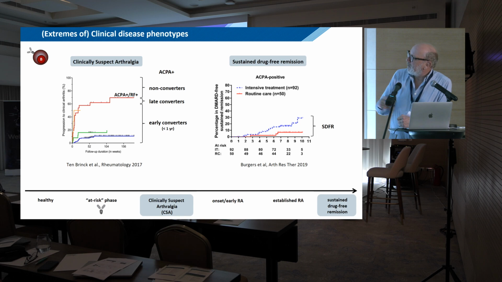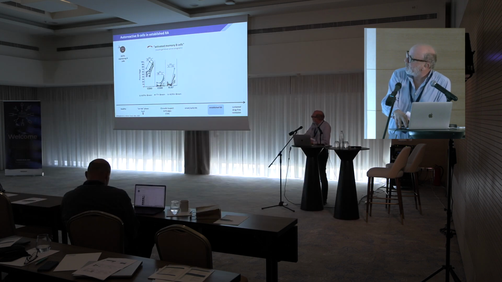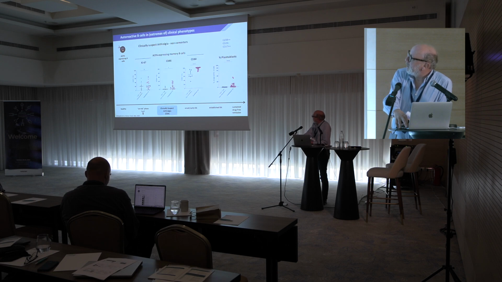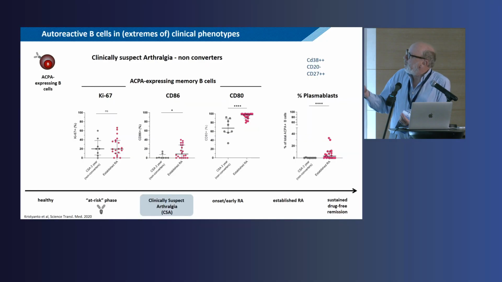These are patients who are in sustained drug-free remission over time. If you look at this kind of patients and at their B cells, you can see if there's something special with the B cells. And that is the case. Maybe the best way to show it is this: we look at people who have not converted from clinically suspect arthralgia or ACPA positivity, compared to people who are converting.